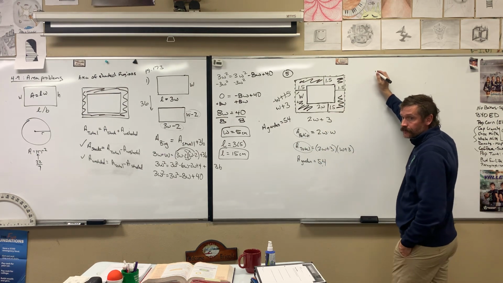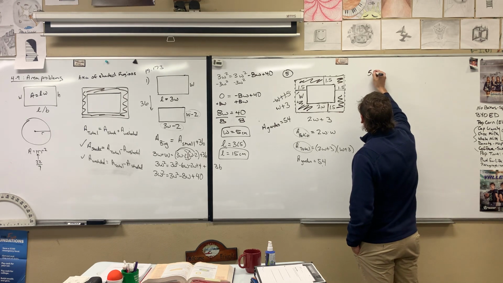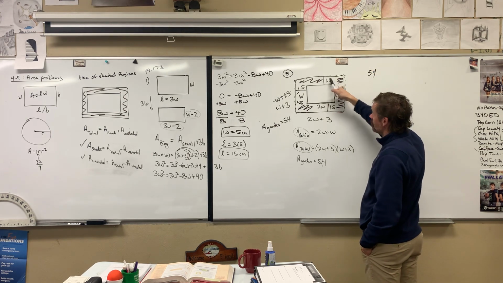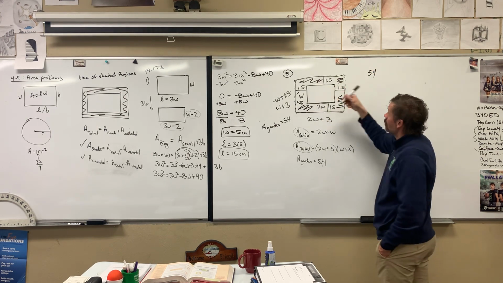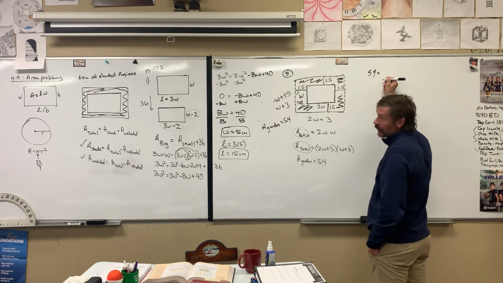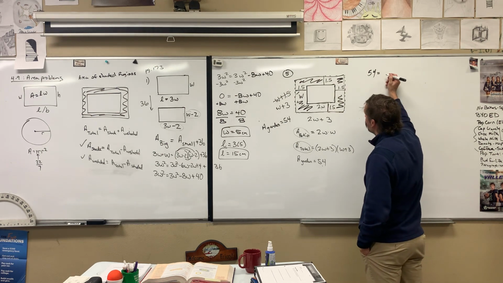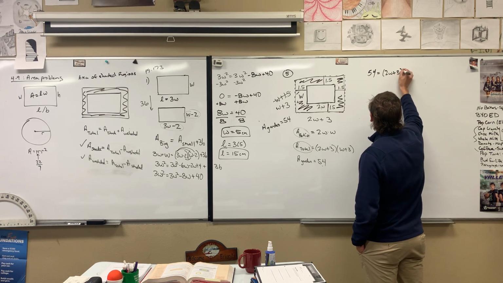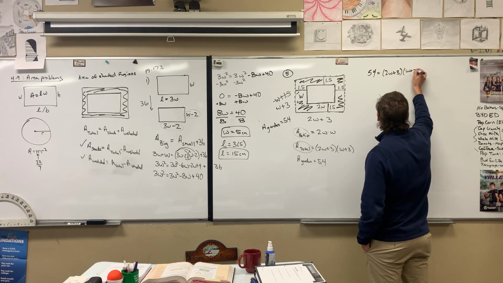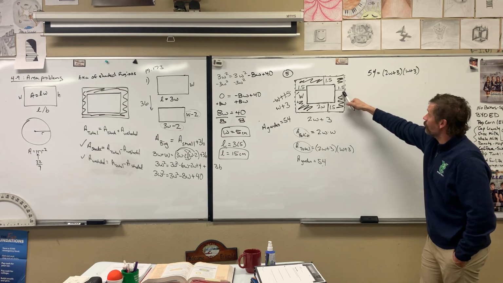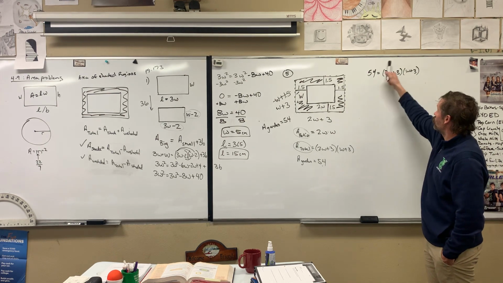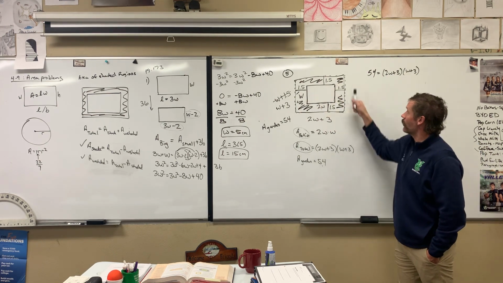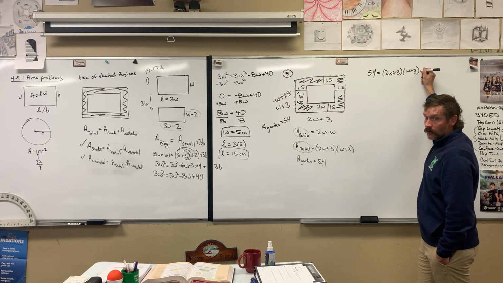Okay, so I put 54 equals. So you're saying the area of the garden, the shaded area, equals (2w + 3)(w + 3). So you're saying the area of the shaded region is equal to the total area, the full area, and then plus 2w squared.